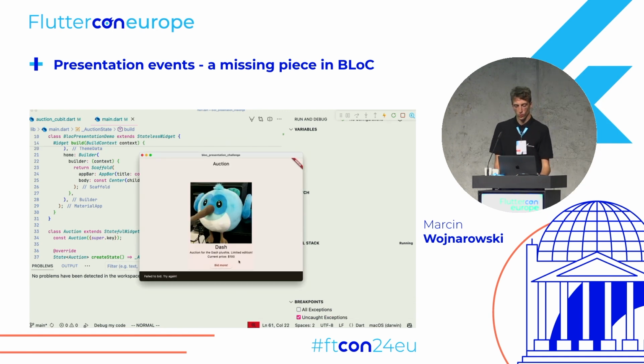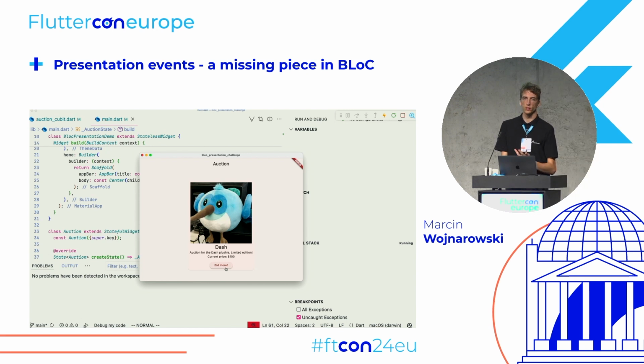Yay, okay. So now it shows an error, and either an error or an increased price. And now you can see we actually showed it three times. If I were smart enough to show the state version before, it wouldn't show it three times, because we would emit the same state three times, and it would not react to it because it would be the same state. But in this case, we are able to show it multiple times, and the price goes up if we succeeded.